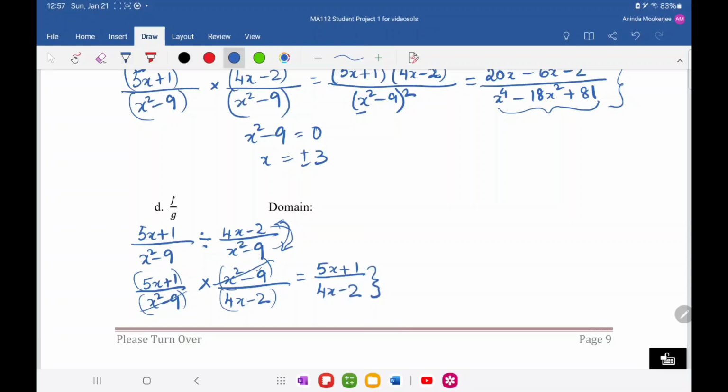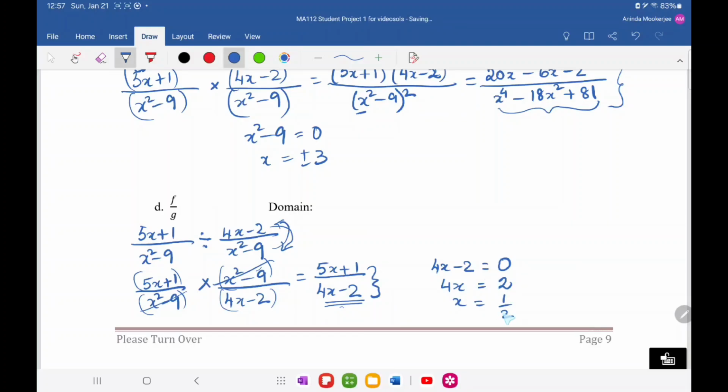However, to find the domain of the new function, take your 4x minus 2 and make it equal to 0. So we will have 4x equal to 2. Therefore, x is 1/2, 2 divided by 4.